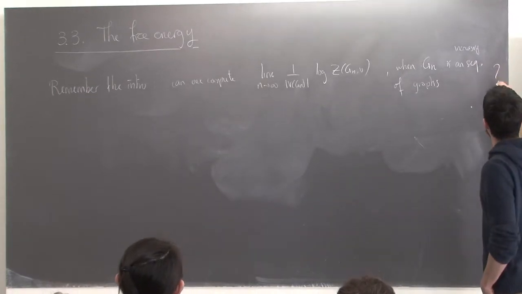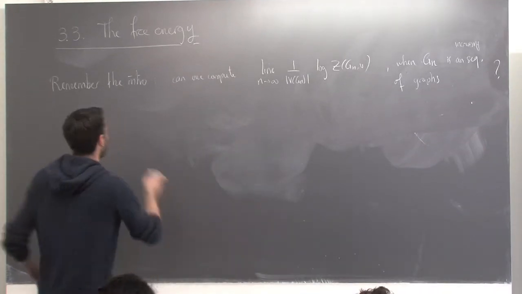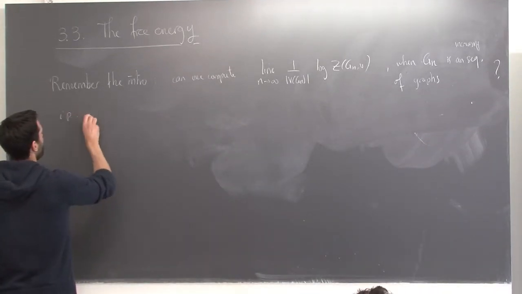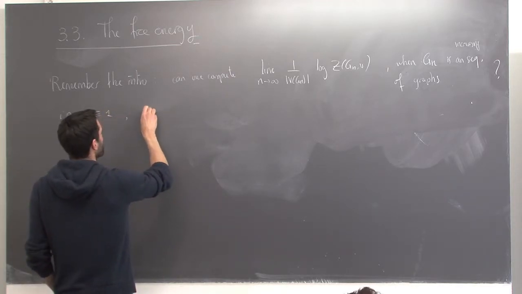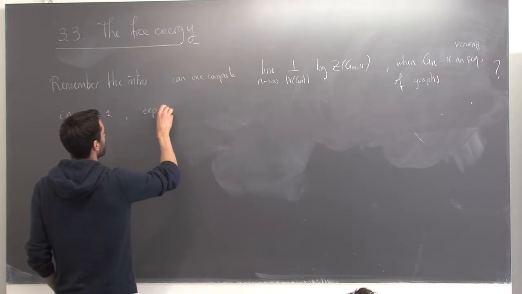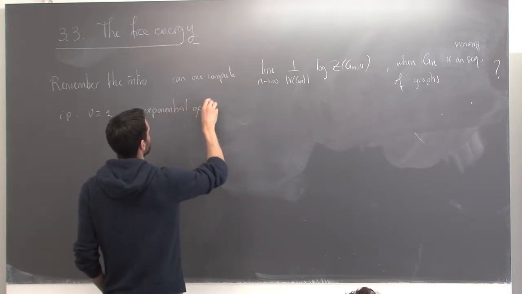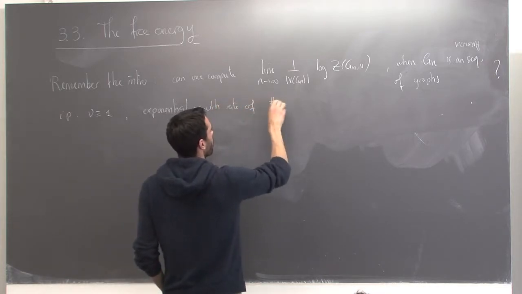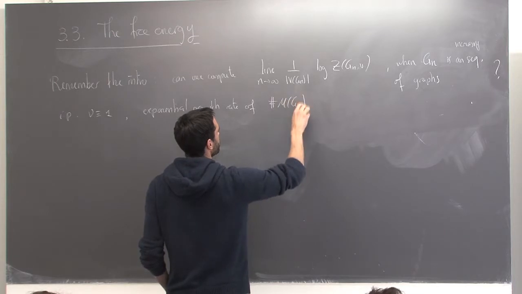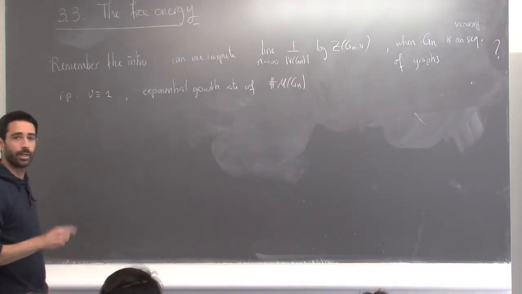That was a question that I had asked, and of course this is a very natural question because, in particular, if you set all the weights equal to 1, then this is really the exponential growth rate of the number of perfect matchings on the graph. So it's a very natural question to ask.